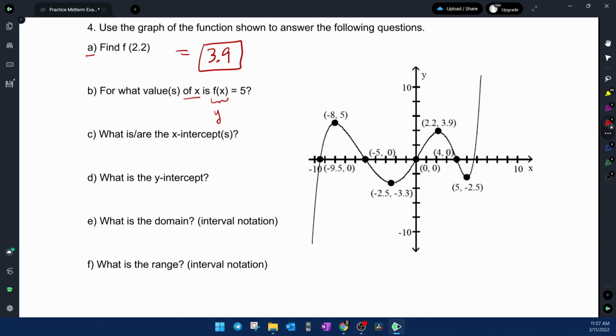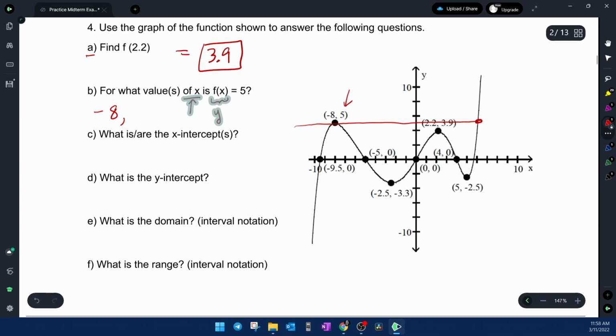And so now we need to go to where y is 5 and find all of the x's that have a y value of 5. Well, here's one of them. So one of the values here would be negative 8. But if we scan across at a height of 5, do you see that the graph has another ordered pair that's going to be at a height of 5?